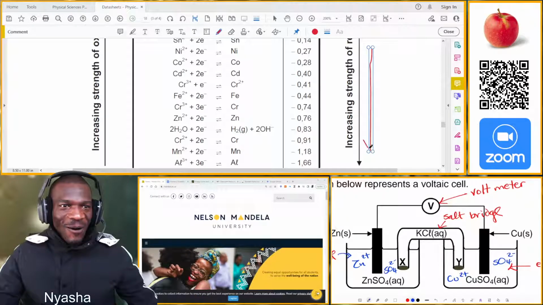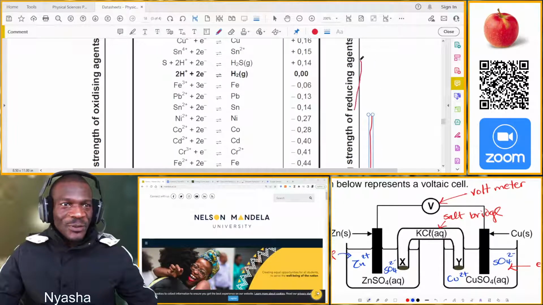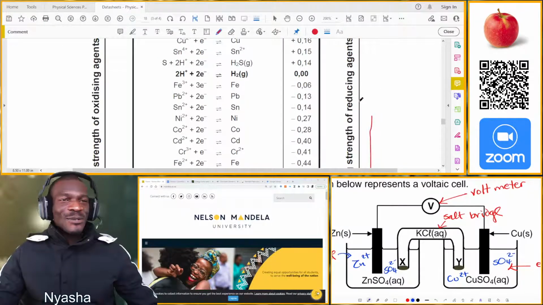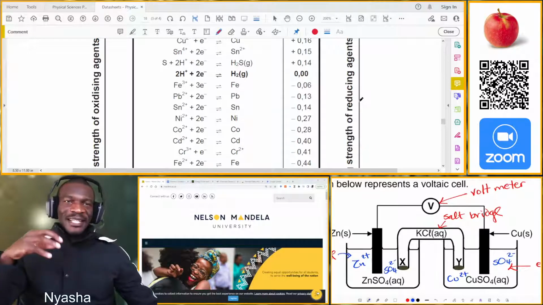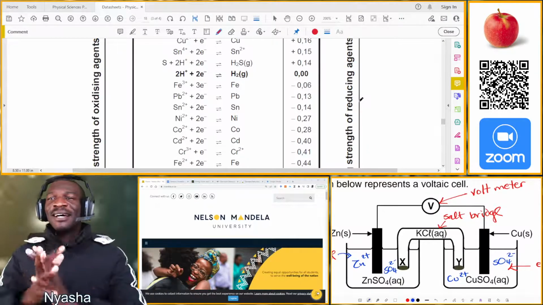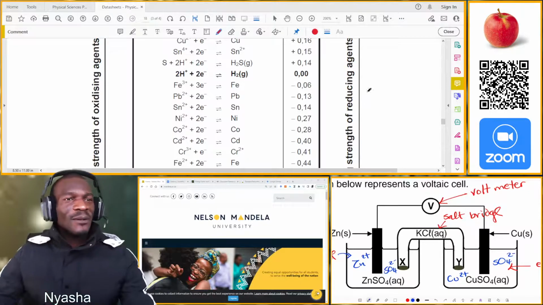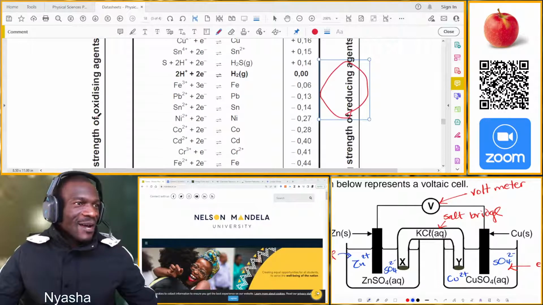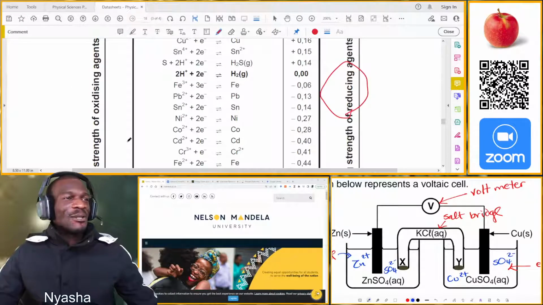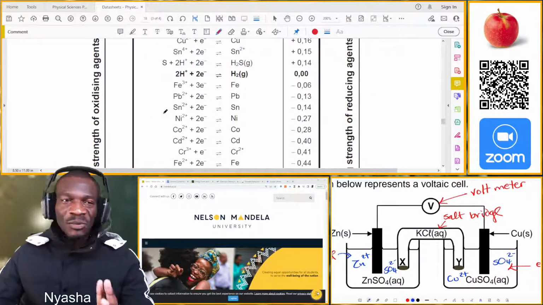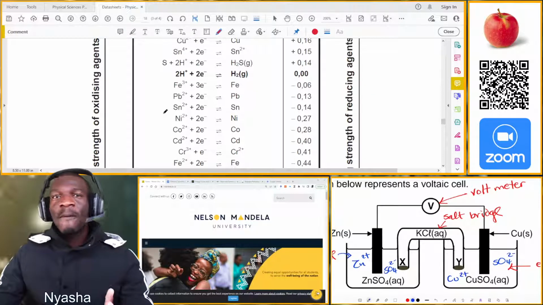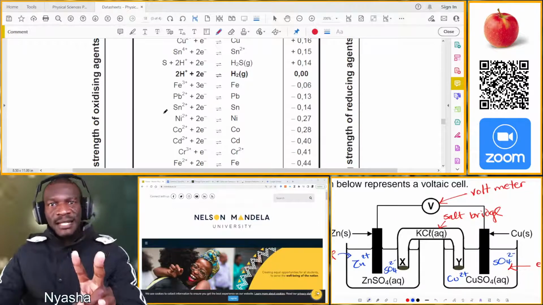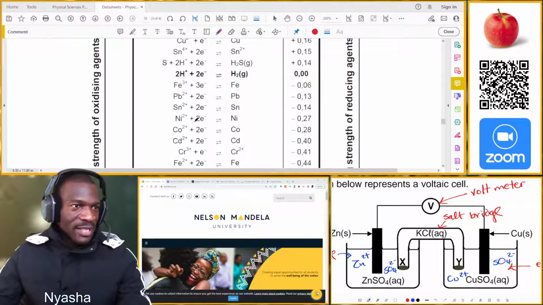Increasing strength of reducing agents. So now this is where you bring in your redox knowledge. What is reduction? What is oxidation? Those are the two processes that will take place. So we need to compare our two materials.